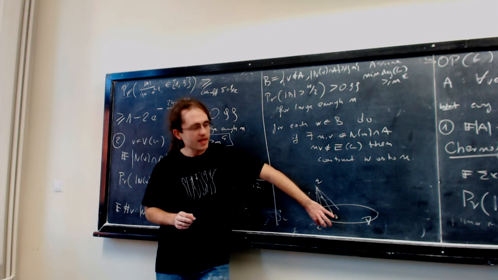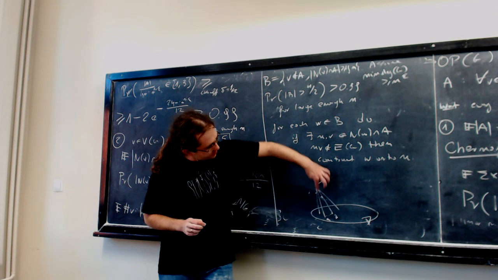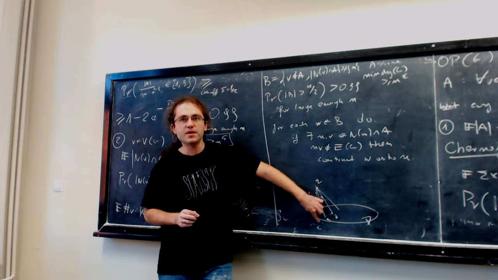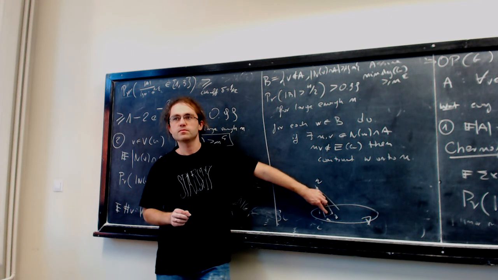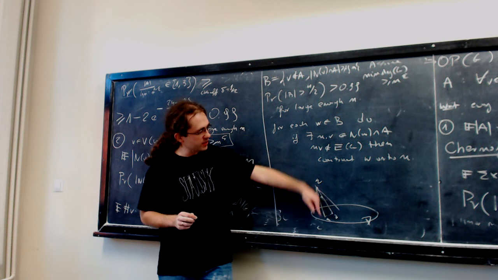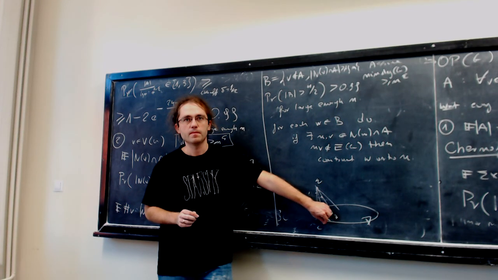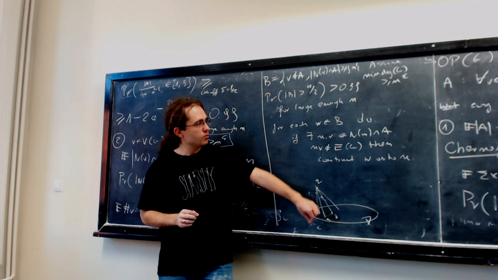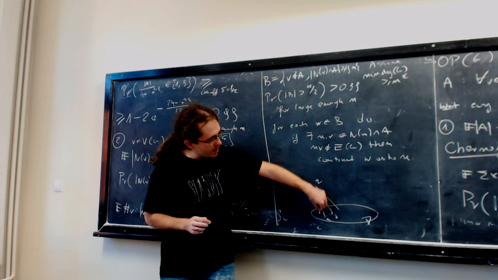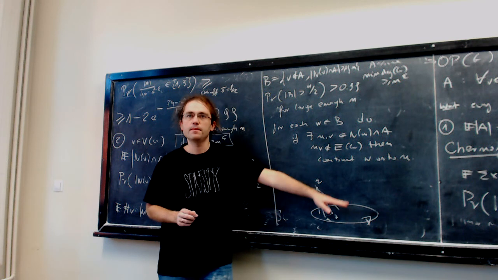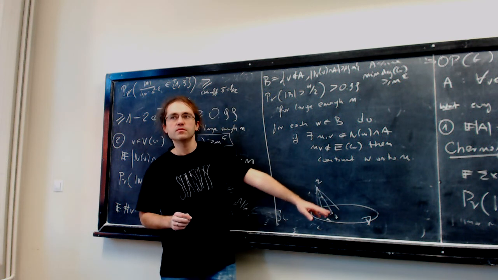Because these are both neighbors, and I'm contracting this edge, this will become an edge. I mean, this was not an edge, and now it will become an edge. Good? So whenever I do this, I add one more edge inside set A. Else, exception.